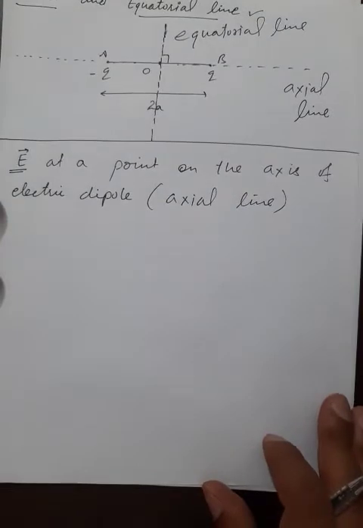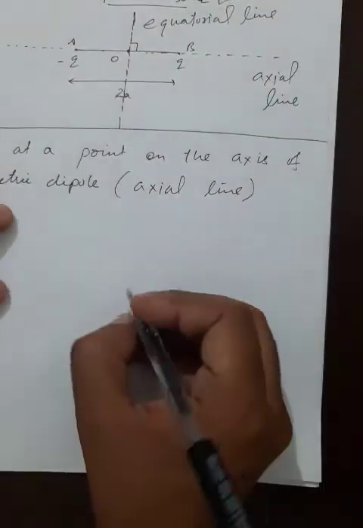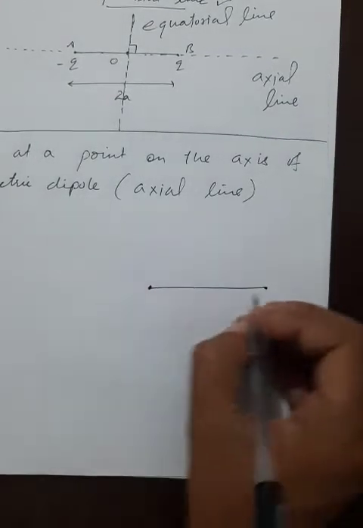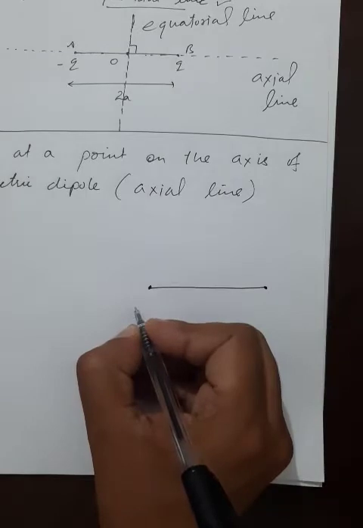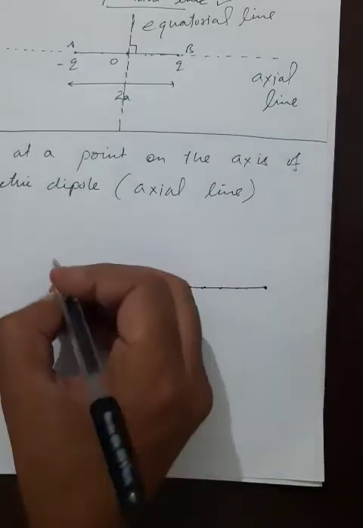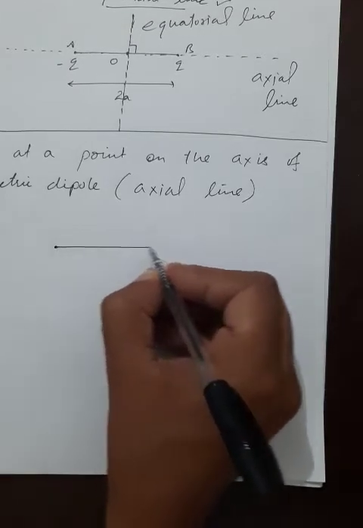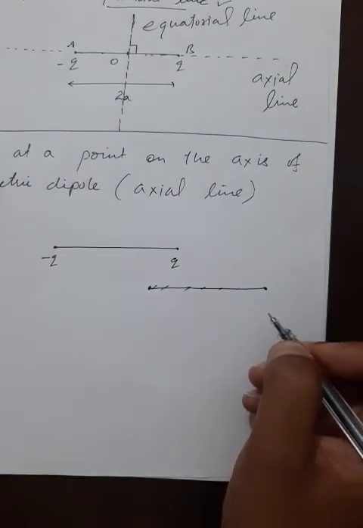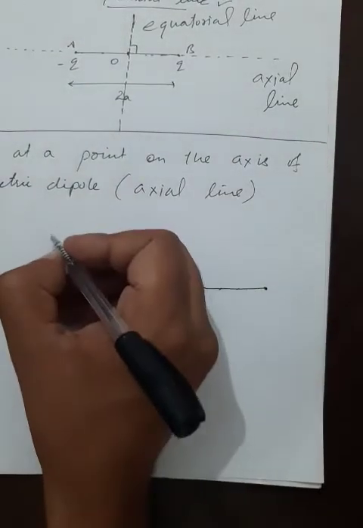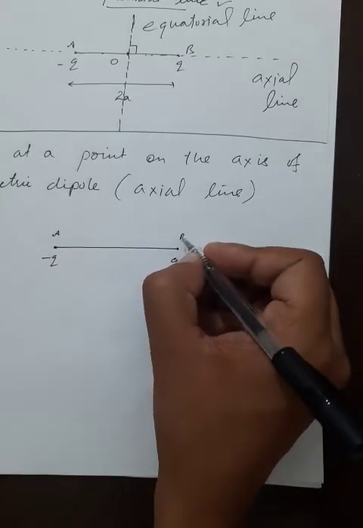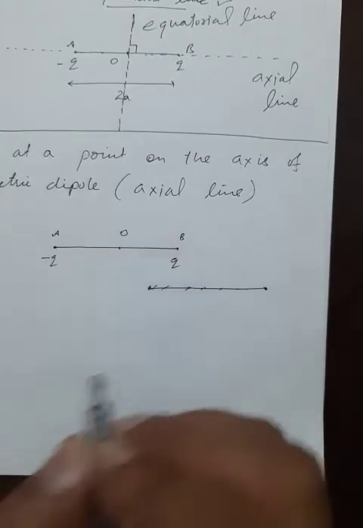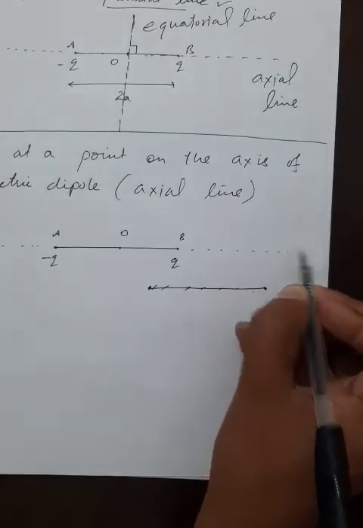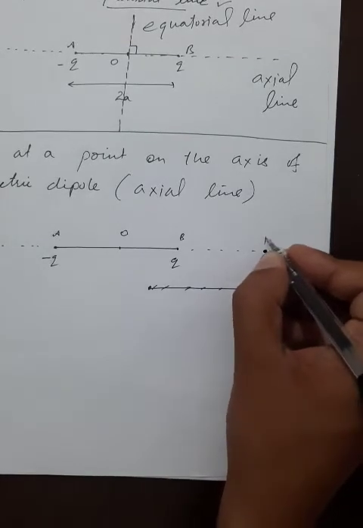Now, for that, suppose this is an electric dipole. Let me draw it here. This is the electric dipole with a pair of equal and opposite charges, minus q and plus q. Say this is the point A and this is the point B and the center is O, and we want to find the electric field intensity on the axis of the dipole, say at point P, which is here.